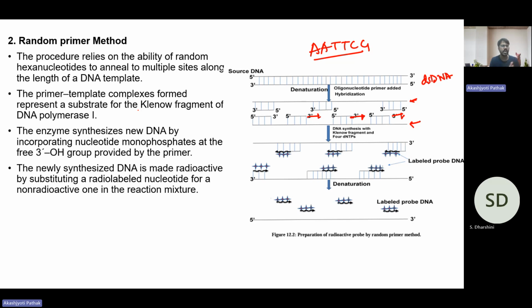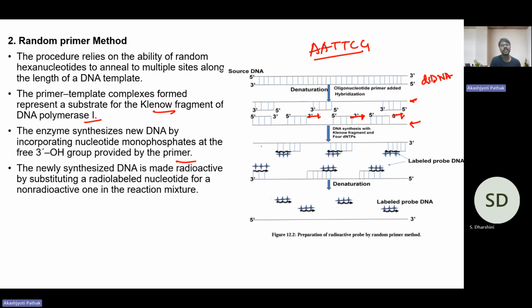So the primer-template complexes will be formed, and this will be a substrate for the Klenow fragment of DNA polymerase 1. Now, this enzyme synthesizes new DNA by incorporating nucleotide monophosphates at the free 3' OH group provided by the primer. This free 3' OH group will be used by the Klenow enzyme, and it will start polymerizing in the 5' to 3' direction.